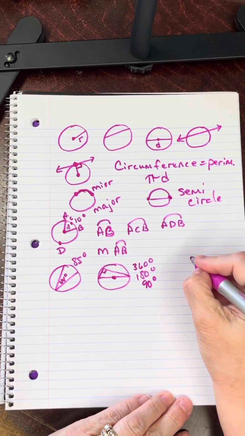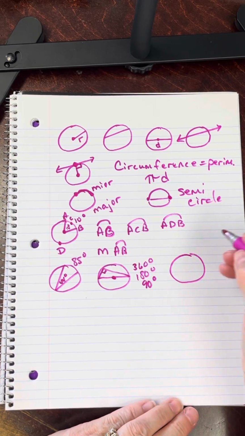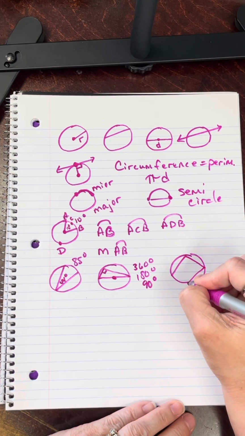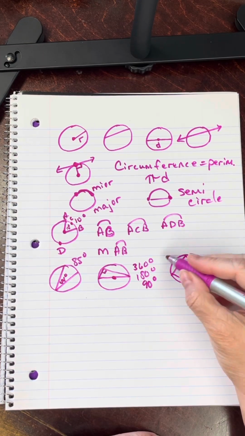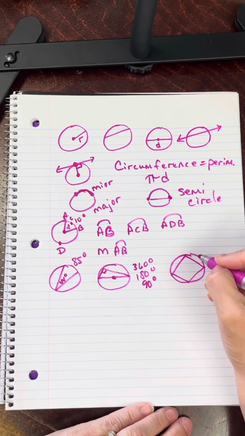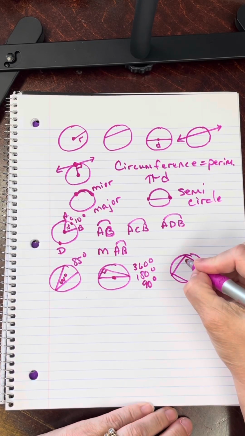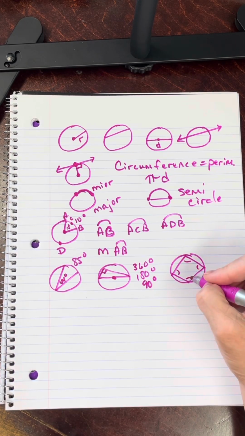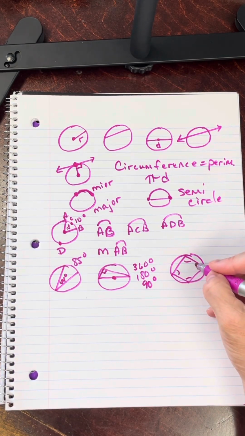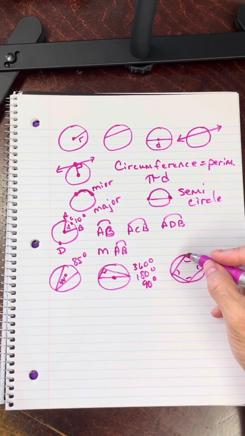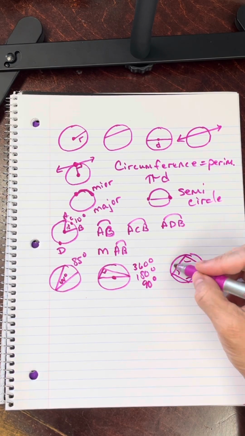Now, if you have this circle and any kind of polygon shape inside of it, we know that the full measurement around is 360 degrees. So if I add all of these angles, they have to total 360.